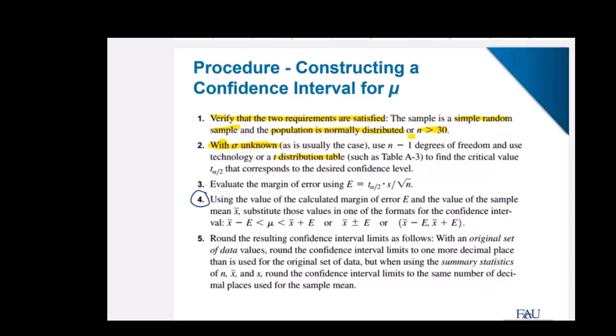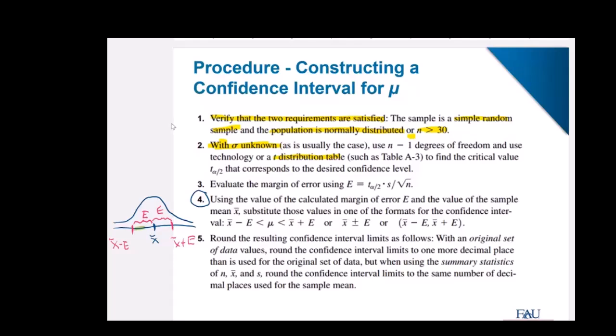Here we have our bell curve, and here is our X bar. And then we're going to calculate our error. Let's say this amount right here is E. If I take X bar minus E, I'm going to be over here, aren't I? And if I take X bar plus E, I'm going to be over here.